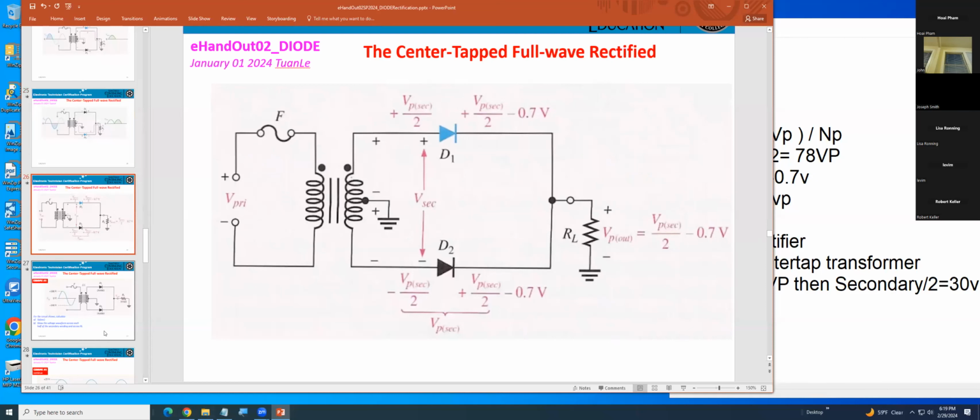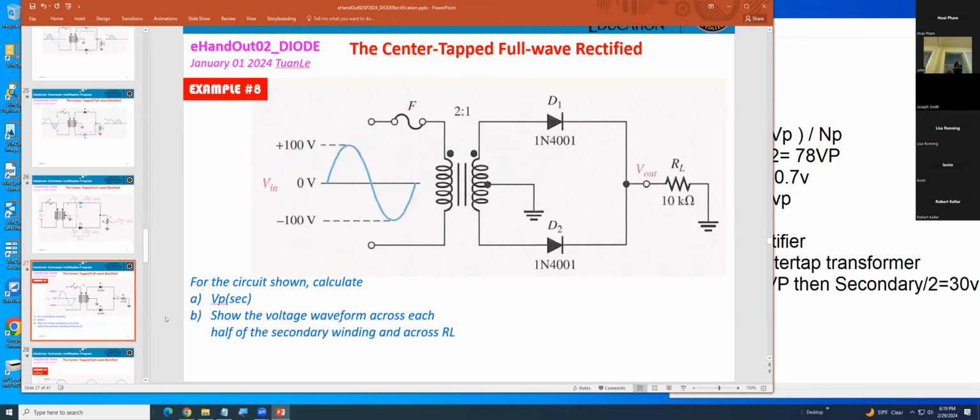Okay, let's try that. For the circuit, calculate V peak secondary. Who can tell me what V peak secondary equals? V peak is 100. V peak secondary, you got 100 divided by 2 is 50.